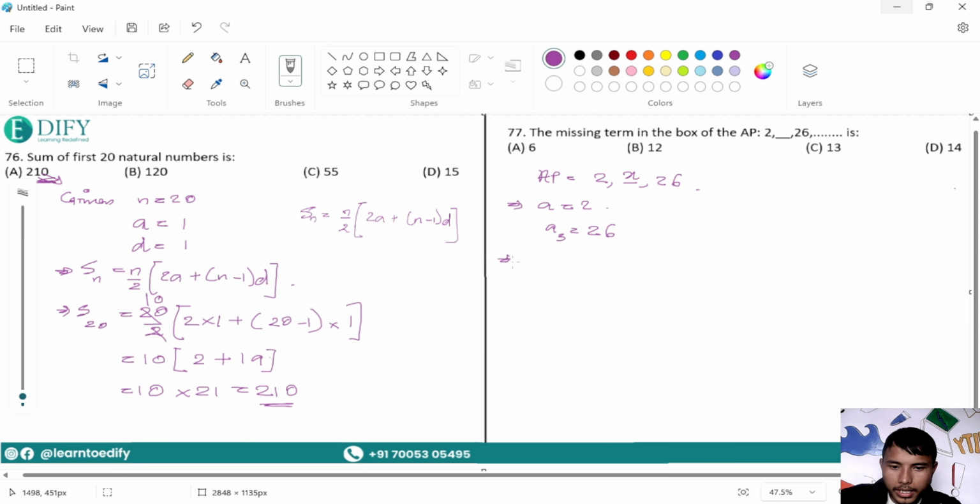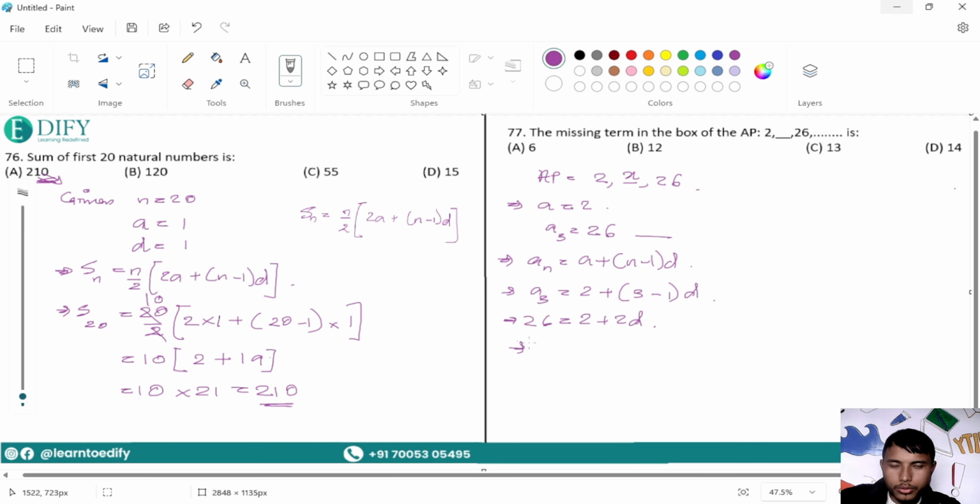So we use A of n is equal to a plus n minus 1 d. For the third term, A3 is 2 plus 3 minus 1 d. A3 is given as 26, so 26 is equal to 2 plus 2d.